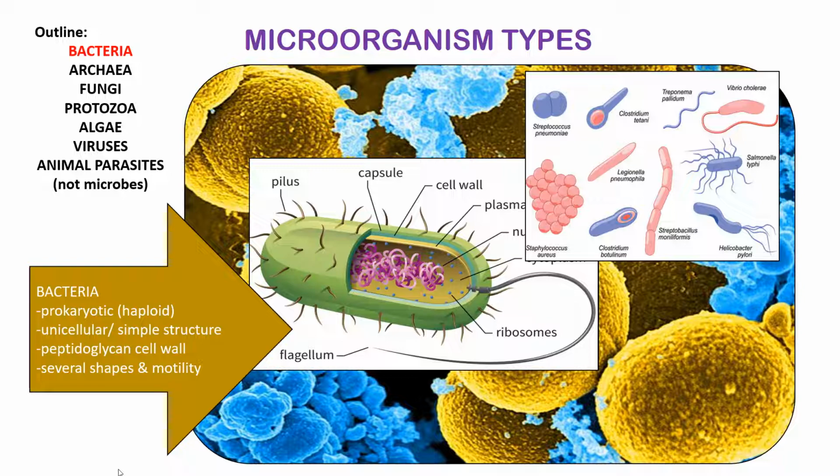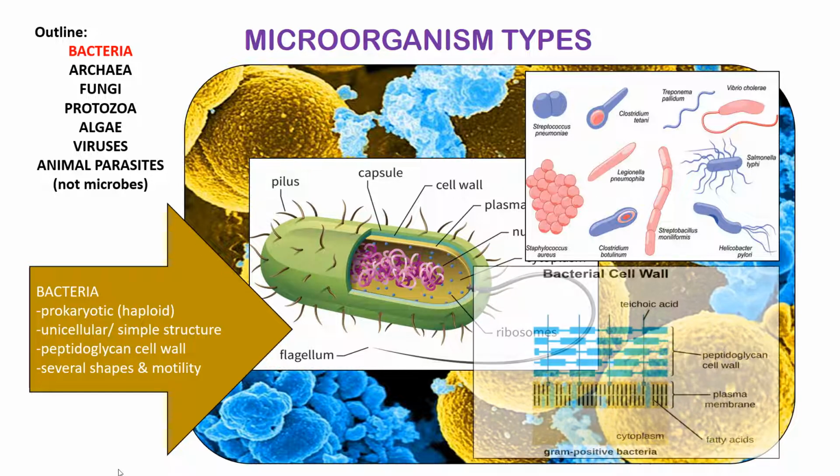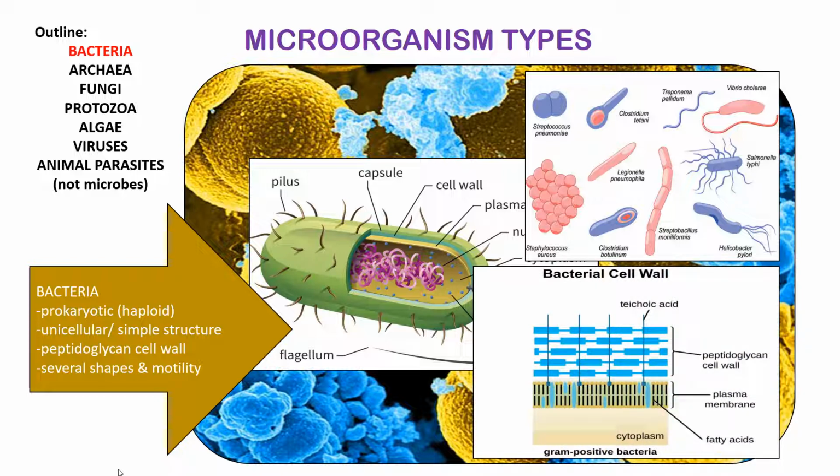Because if you have a single set, you do not have a backup copy in case your DNA is damaged, unlike the higher forms like us, for example, we have an extra copy for DNA repair. That's why bacteria are prone to antibiotics. And their cell walls contain a unique material called peptidoglycan.